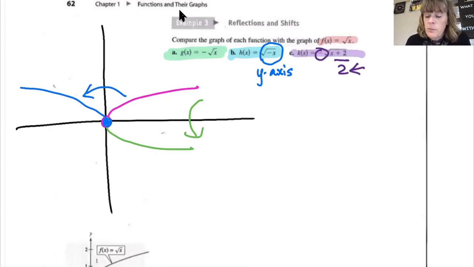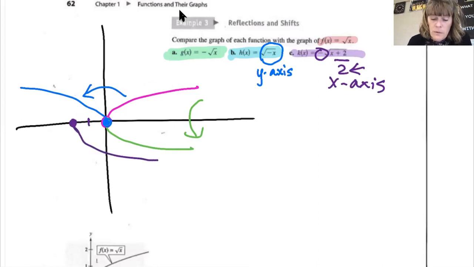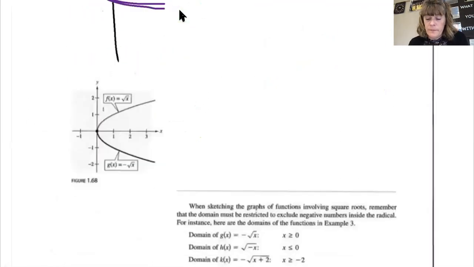The outside would be an x-axis flip. So we're going to take our original pink graph and move it 2 units to the right. And so it would normally look like this, but we're going to flip it down. So it looks like that. Okay, so that's how we reflect and we shift.